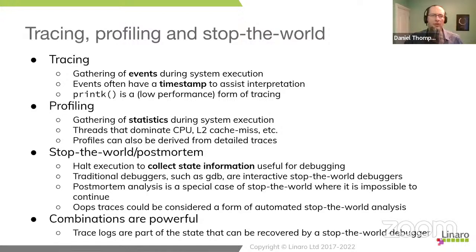The second type of debugging tool we might be interested in are profilers. Profilers actually have quite a lot in common with tracing systems, and they're quite often attached to the same trace points. But the difference is they don't provide you with a stream of events. What they provide you is a digest of statistics about system execution.